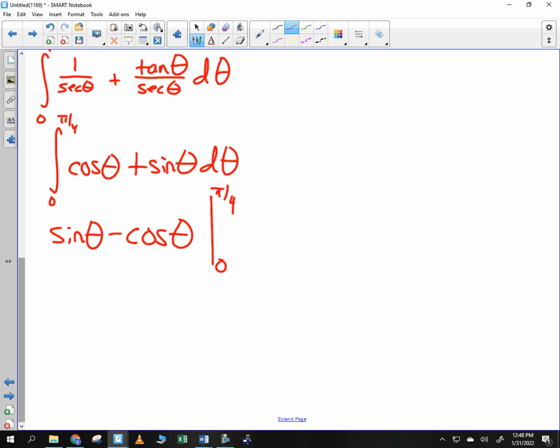Who knows what the sine of pi over 4 is? Very good. Root of 2 over 2. What's the cosine of pi over 4? Also the root of 2 over 2. Look at that. Just saying, whoever made that problem up, pretty smart guy.